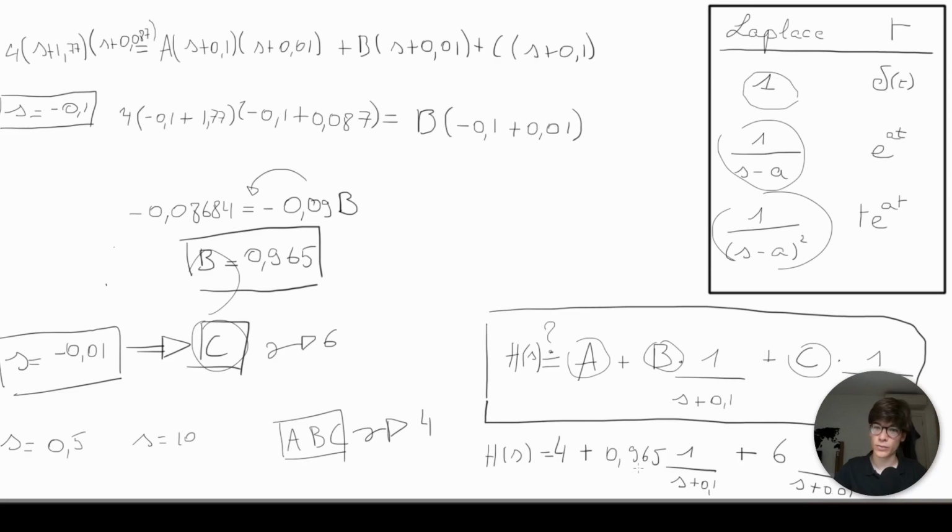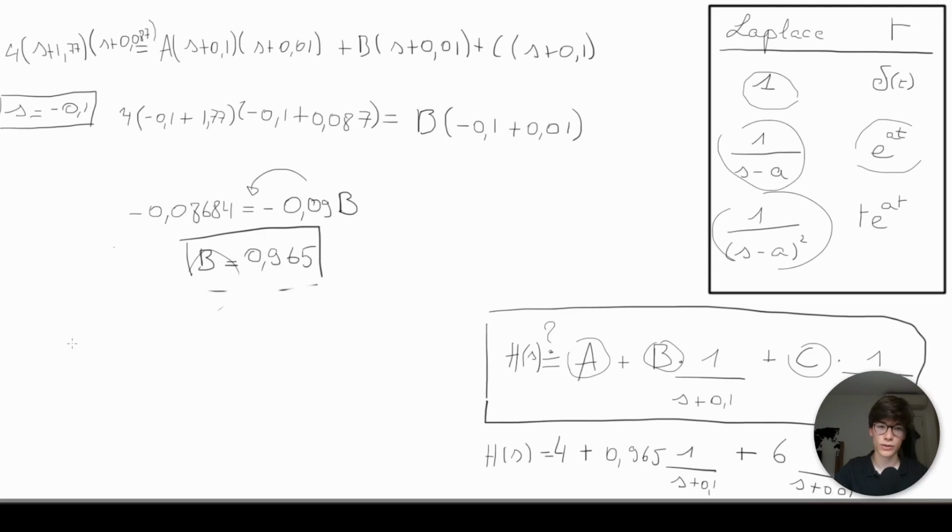And this is something we can use the inverse Laplace transform on to find the impulse response. This is how we do it. We made sure in the beginning of the video to write our new transfer function as something we can use the Laplace transform on.